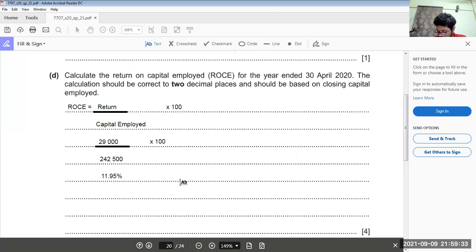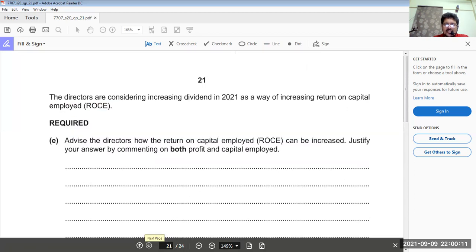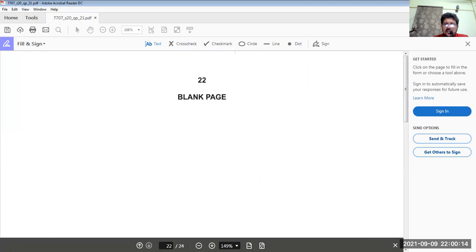So if we reduce non-current liabilities, our capital employed will be reduced. If we do not take loans through debentures, we will be in a better position, both on the part of return and on the part of capital employed. Okay, this is all theoretical, and this is the way you have to answer.